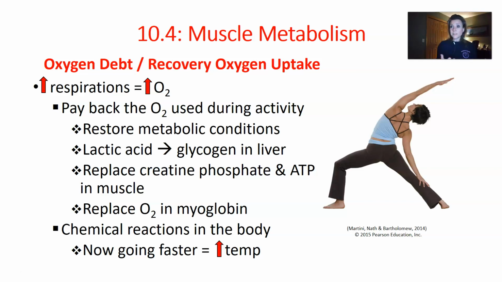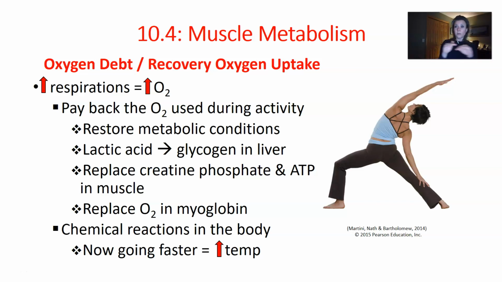But oftentimes they don't. So what is the purpose of all of this extra oxygen that you're bringing into the body? Well, all of this oxygen is required because your body needs energy, needs ATP, in order to restore the metabolic conditions back to normal. So your metabolic conditions change, right?